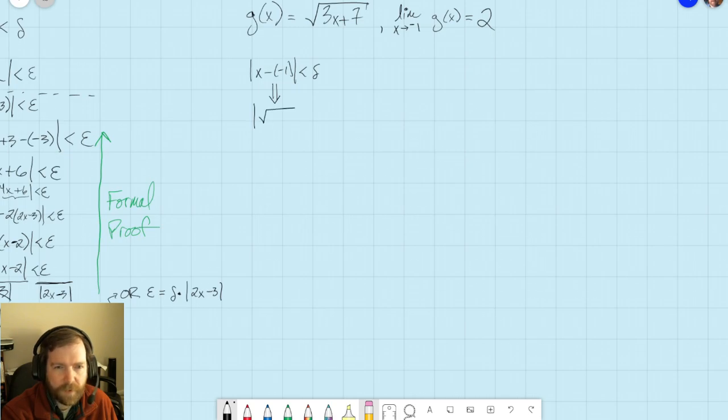So we need something where we get the square root of 3x plus 7 minus 2 to be less than some arbitrary epsilon. Again, not easy. This time it's going to be much harder. So if you can come up with it, great, good job. I'm not going to accept it.